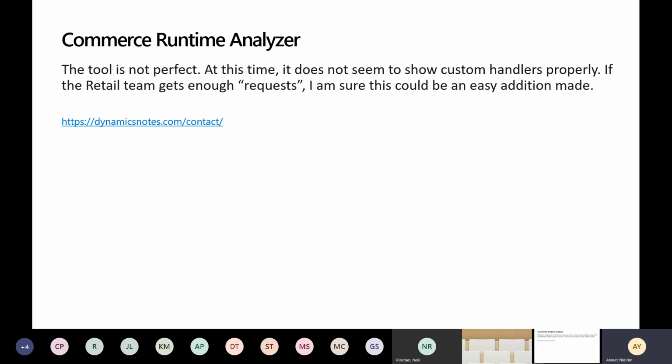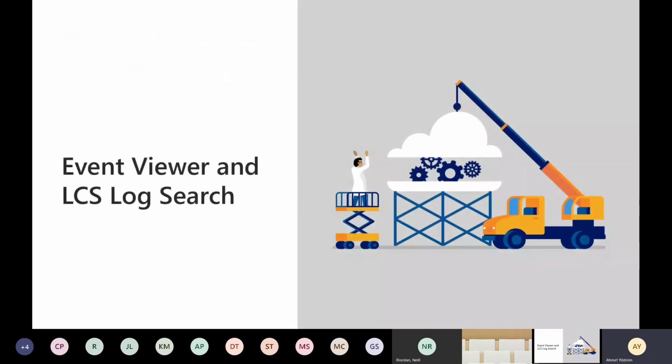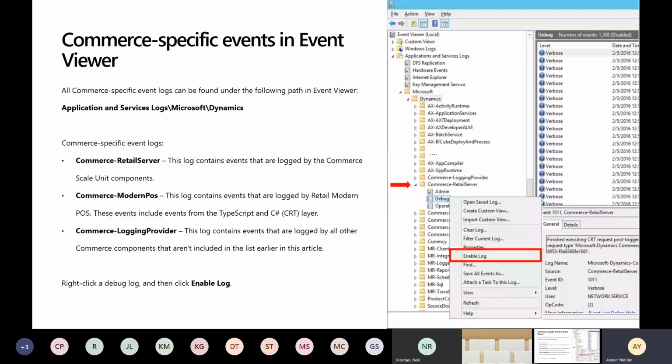in a compressed version. Now we come to the event viewer and LCS log search parts. That will be the most exciting part, how you can use it for your daily troubleshooting. First things first: how can we find the commerce-specific events in the event viewer?